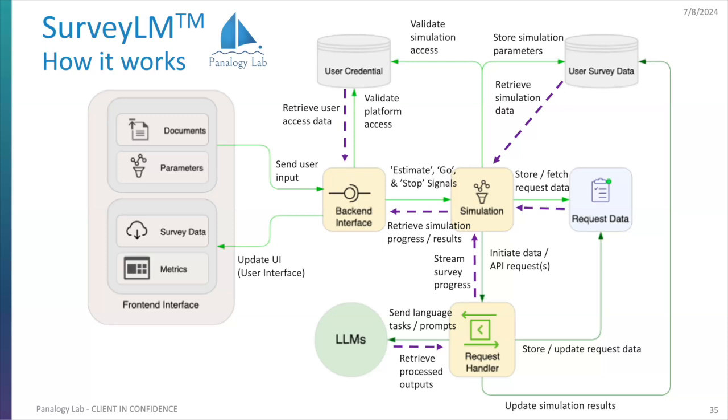For example, from the back end to the user credentials, it's a push to go validate. But then there is actually feedback, retrieving the user's access data, saying it's okay, now you can log in.